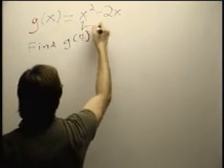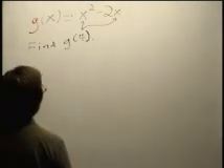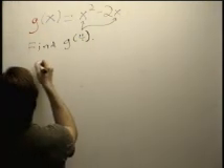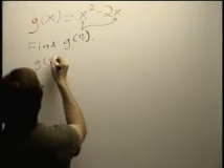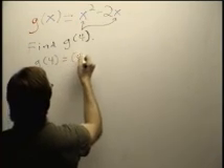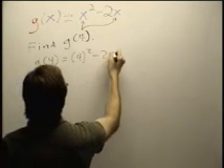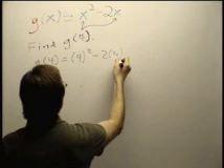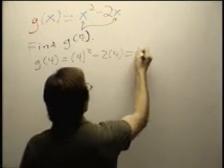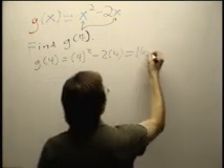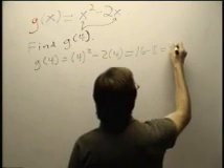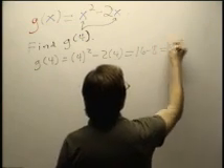So there and there. So g of 4 is equal to 4 squared minus 2 times 4, which when we work that out is 16 minus 8, or 8.